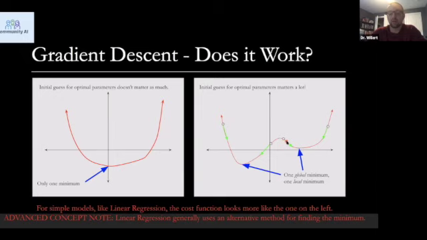So we'd follow this path down, and we'd end up getting stuck over here. So this is maybe a decent model, but it's not nearly as good as the model over here in which the parameters fall at the global minimum.